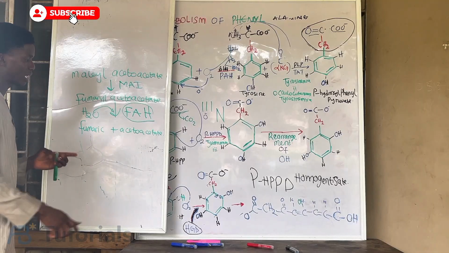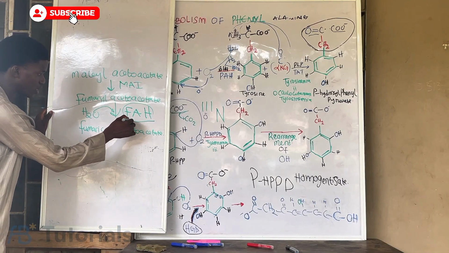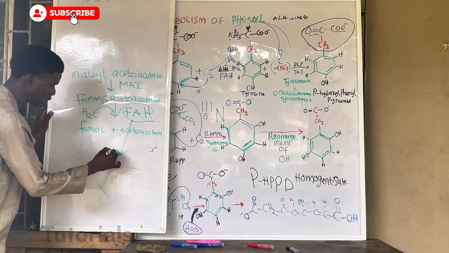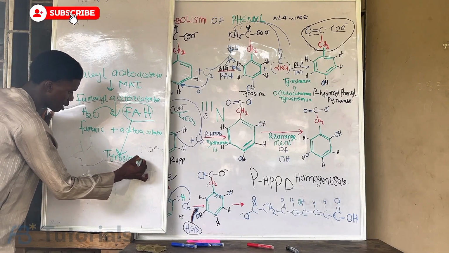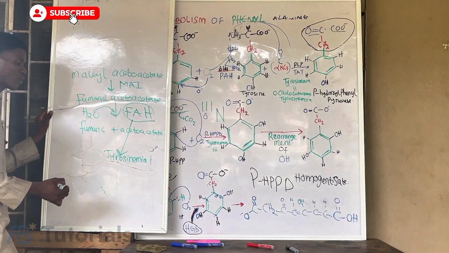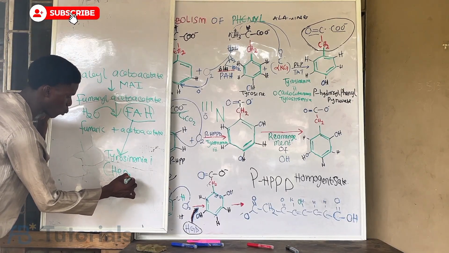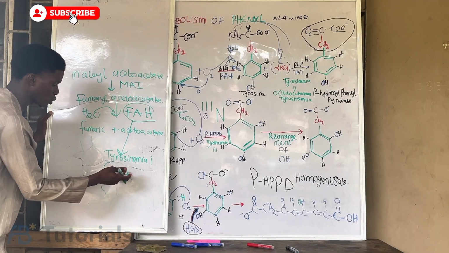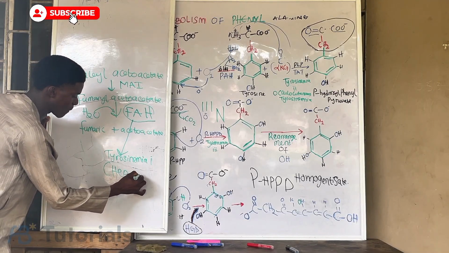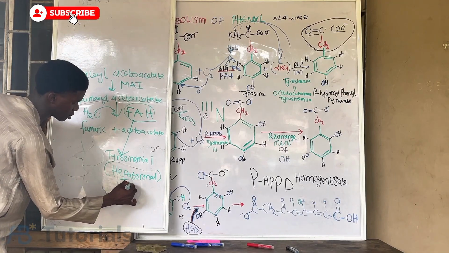Now, this last one is thyroxinemia 1. Another name for thyroxinemia 1 is hepatorenal thyroxinemia.